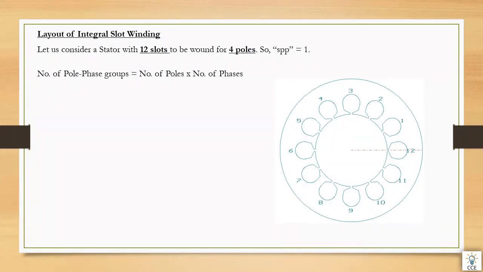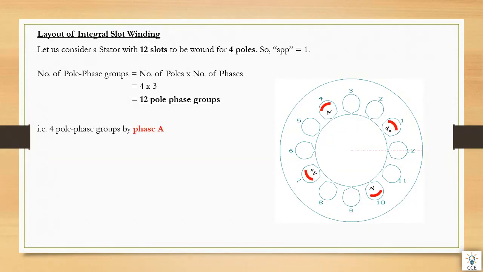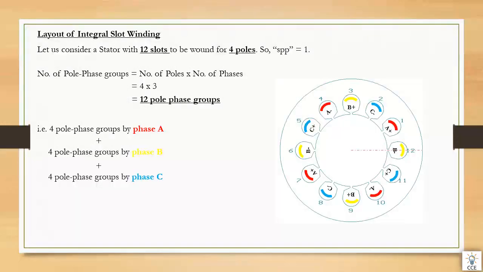In this case we have 4 poles multiplied by 3 phases, so we have 12 pole phase groups. 4 pole phase groups will be created by phase A windings, another 4 pole phase groups will be created by phase B windings, and the last 4 pole phase groups will be created by the phase C windings.